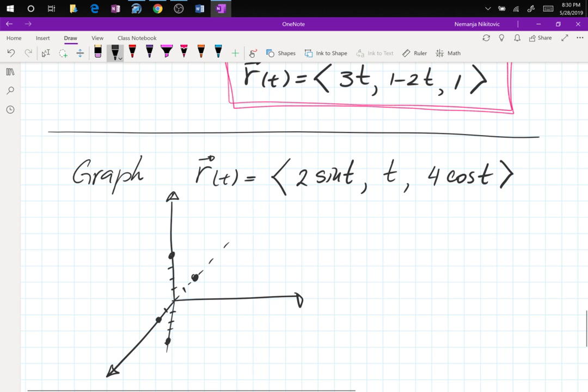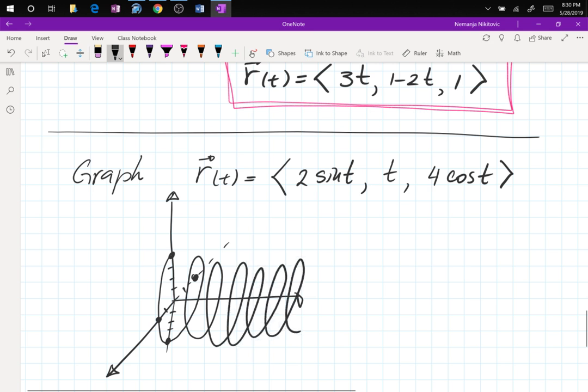And it's going to be a little bit awkward, but it's going to wrap on the y-axis because that's where this function is.